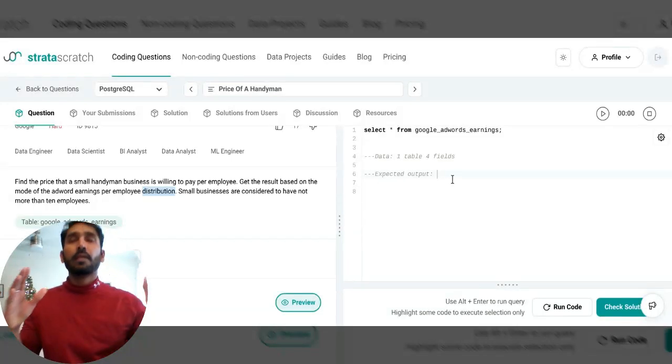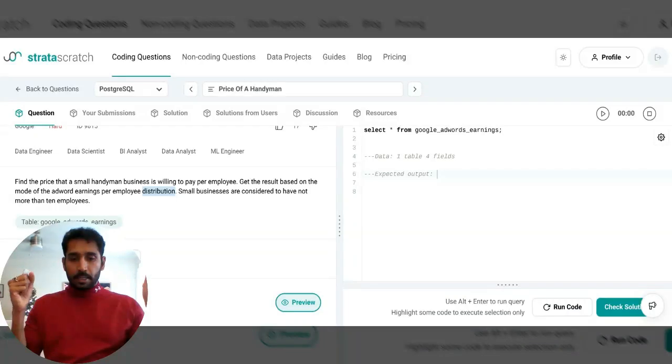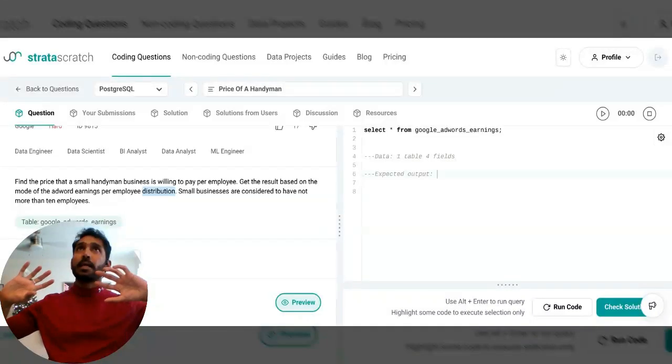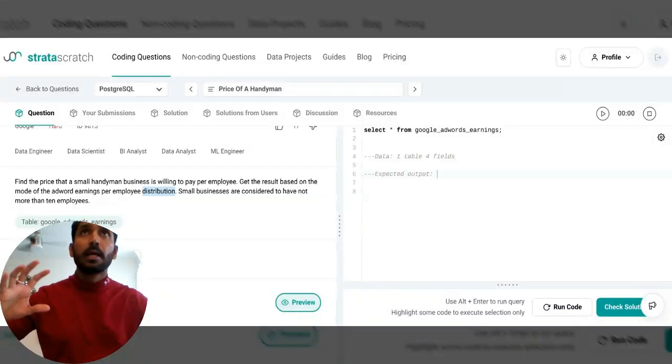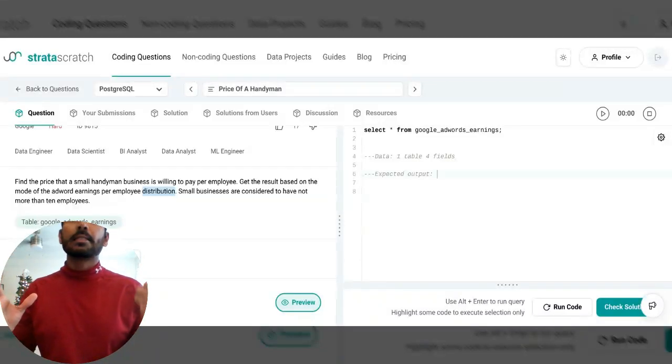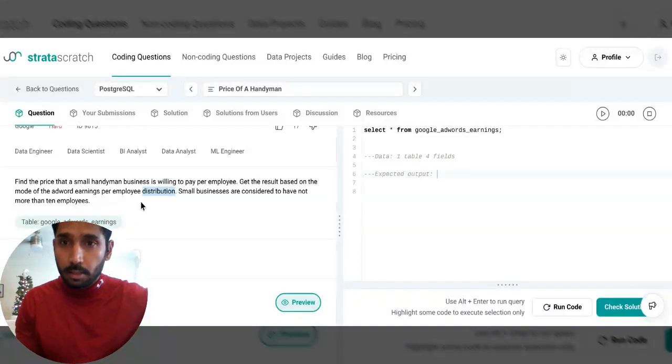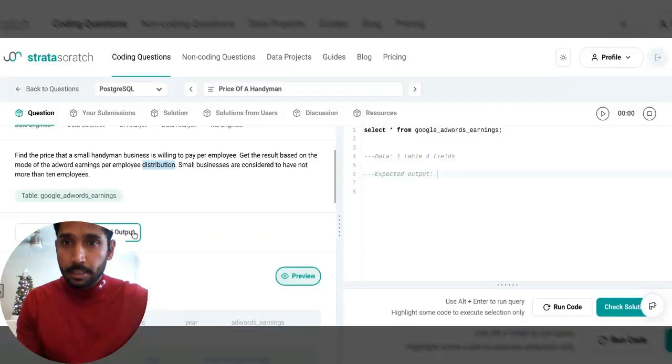So, need to envision the price per earnings per employee as a set of values. In that set of values, I'm identifying the mode, the value that had repeated the highest number of times is how I'm going to define the mode, and then get that as the earnings per employee that we want to output or return in this case.